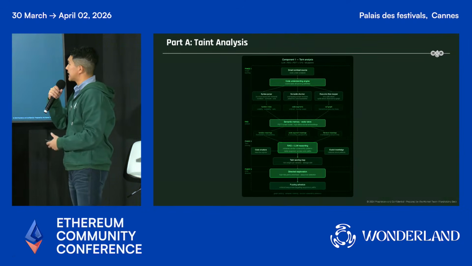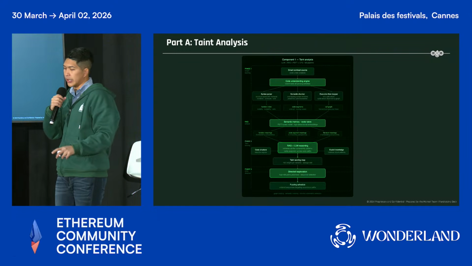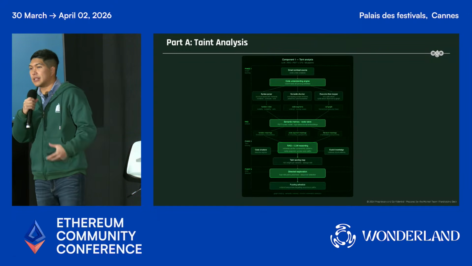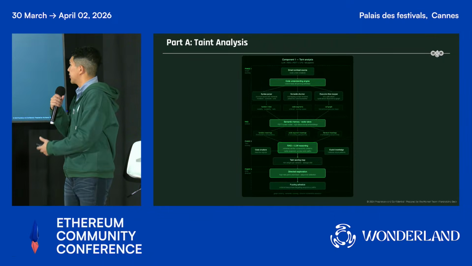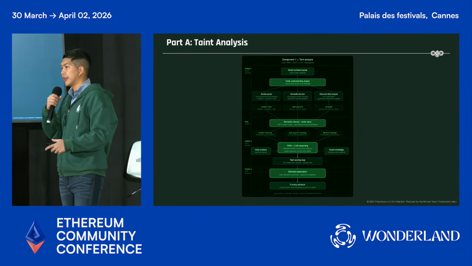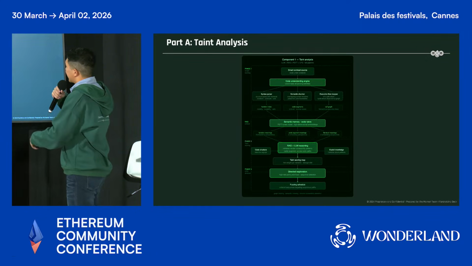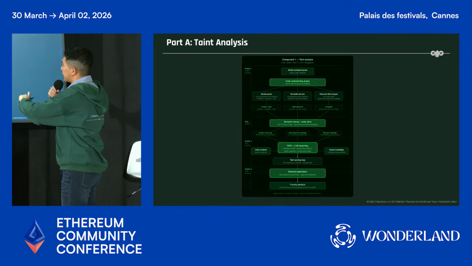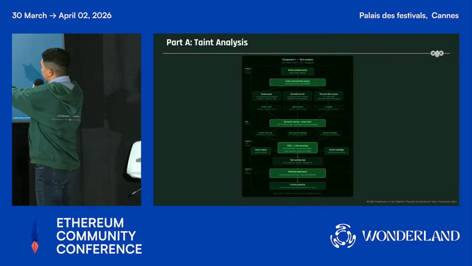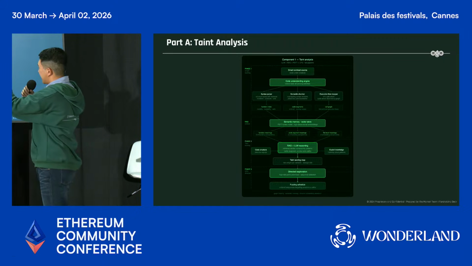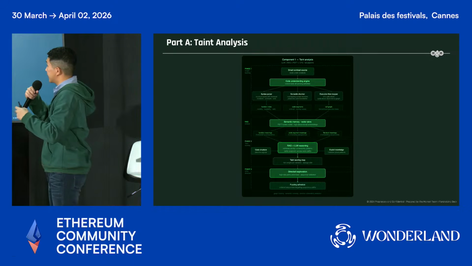The first part is taint analysis. Quite a lot of people are doing it. It's basically a static analyzer. Back in the time before the LLM, people used a static analyzer to know where the vulnerability is. In the end, it's some architecture that you play around with, and then you build chunking, semantic code segments for the LLM to understand better.